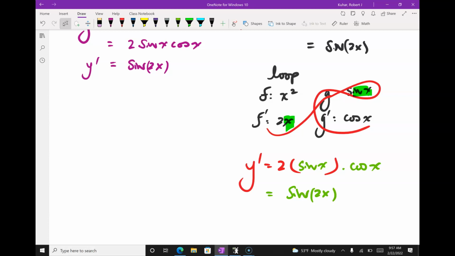I plug it in as a composition, right? Okay?